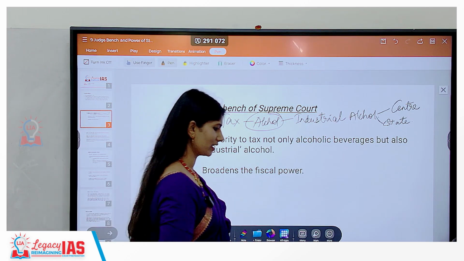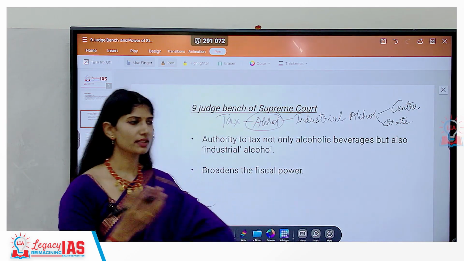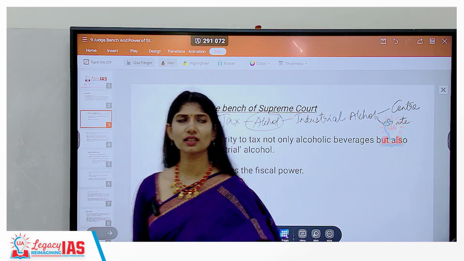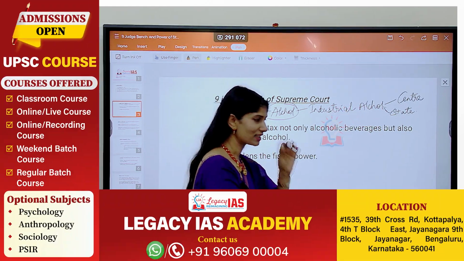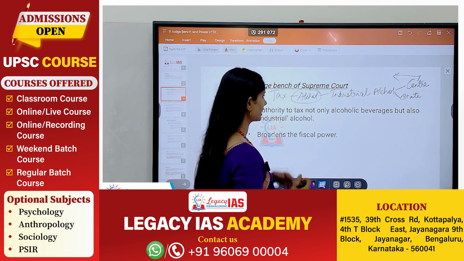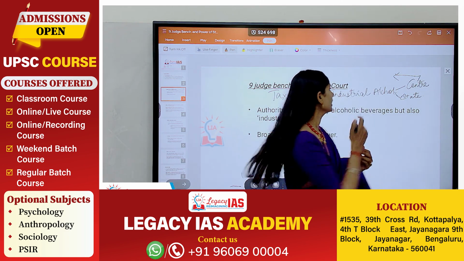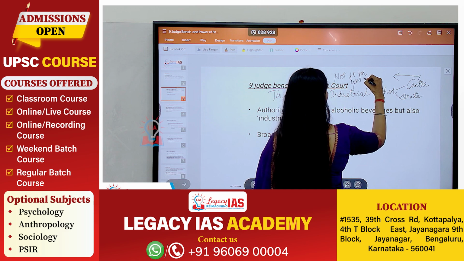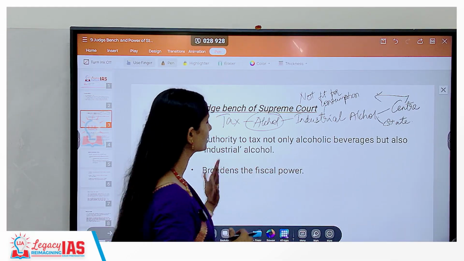The question that came up is the confusion: the state will follow what is in its list, the center will follow what is in its list, and both can act on things which are concurrent. One cause of confusion is the recurrence of this particular item in the lists. The center states that industrial alcohol is not fit for consumption, it is not an alcoholic beverage, and should not be considered as one.